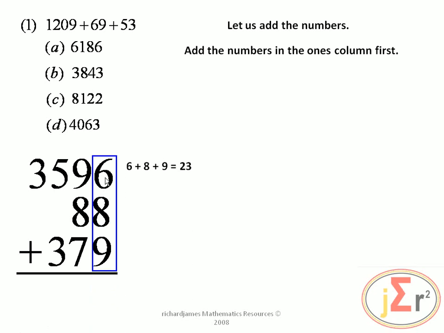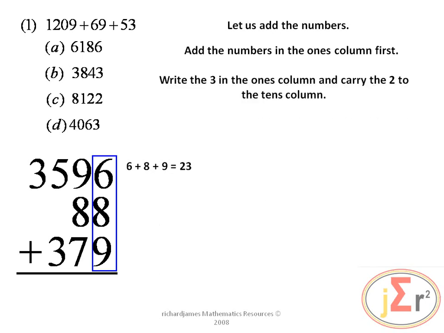So in the ones column, we have 6, 8, and 9. 6 plus 8 plus 9 is equal to 23. So what do we do? Write the 3 in the ones column and carry the 2 to the tens column. The 3 will therefore be in the ones column, and the 2 will be carried to the tens column.